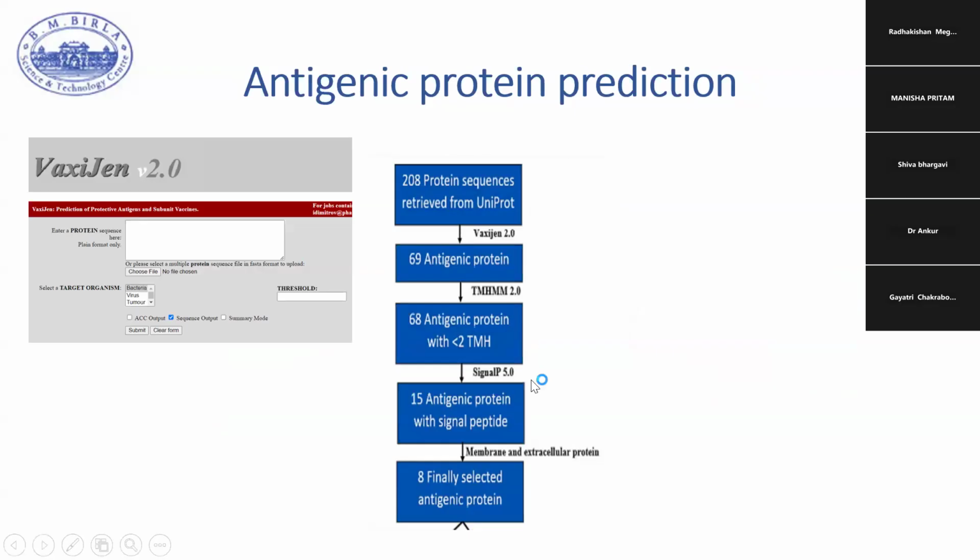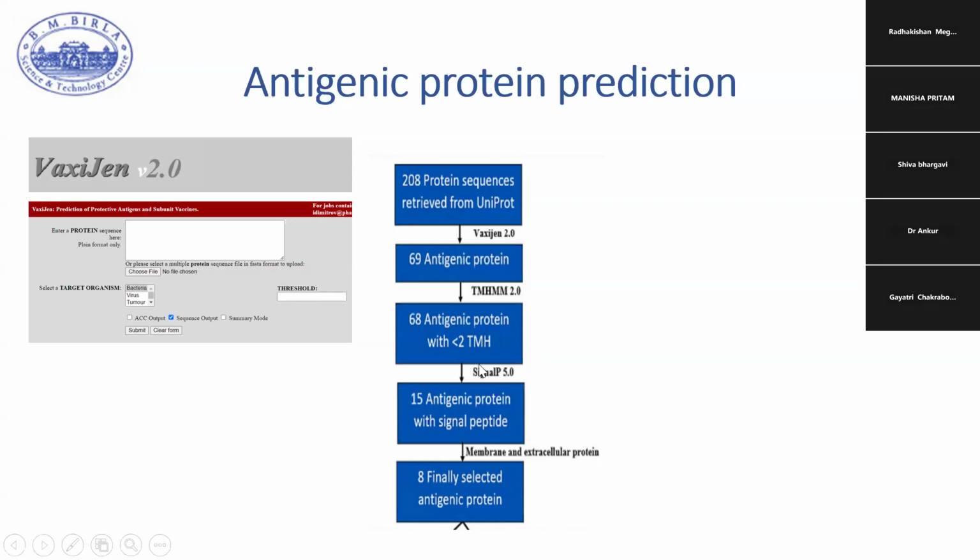These are different filters that provide different details, for example, VaxiJen is providing vaccinogenic, antigenic protein. Imagine provides the details of transmembrane helix. SignalP is providing signal peptides.